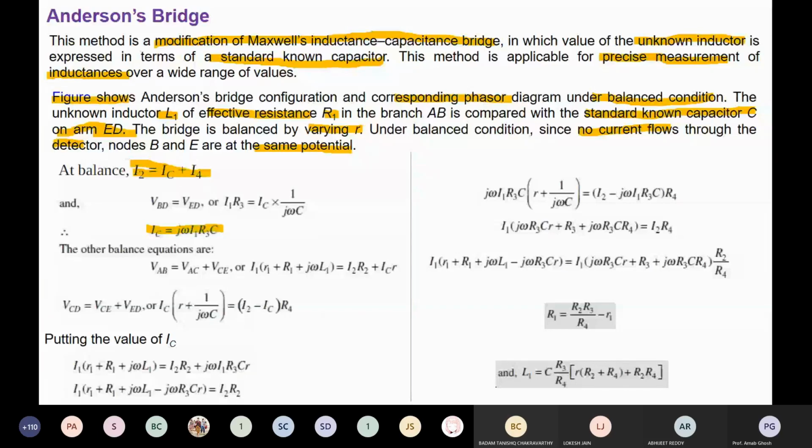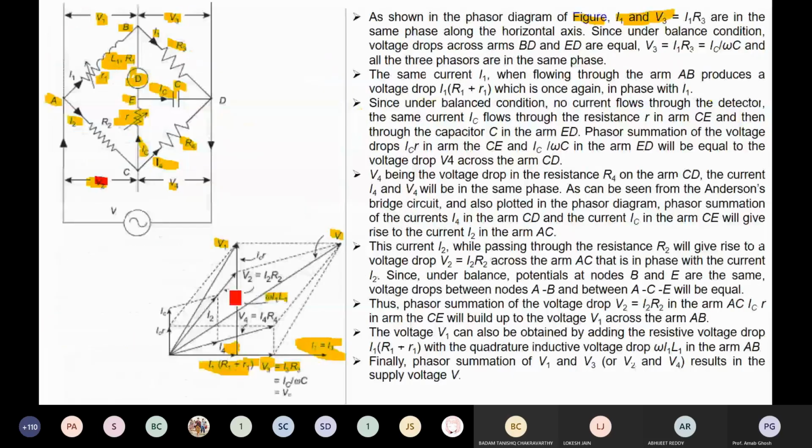At equilibrium, V1 equals V2 plus IC into R. And the current I2 equals IC plus I4, and I4 and R4 should be in phase, so you can get that value.